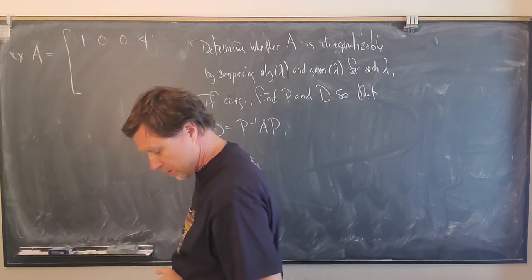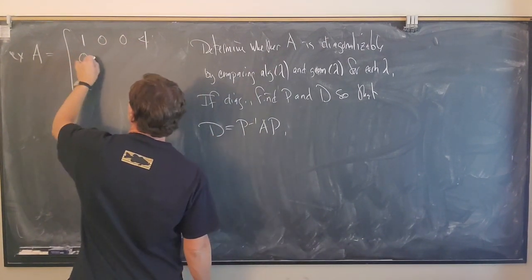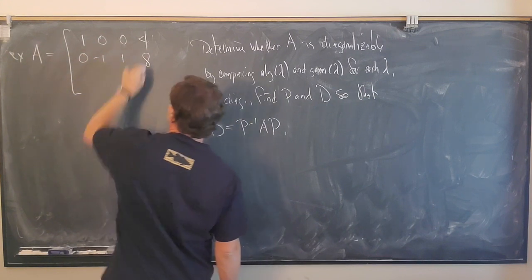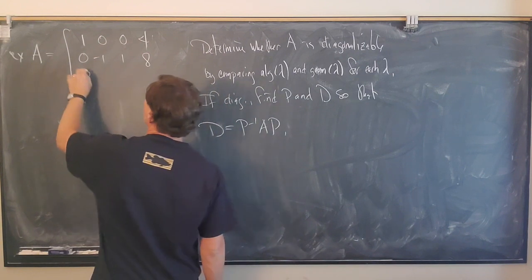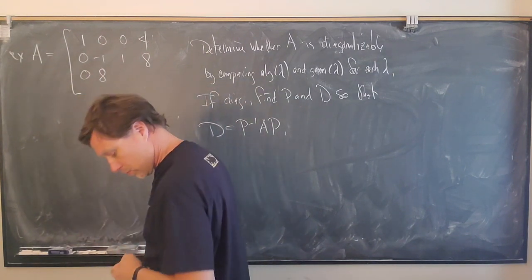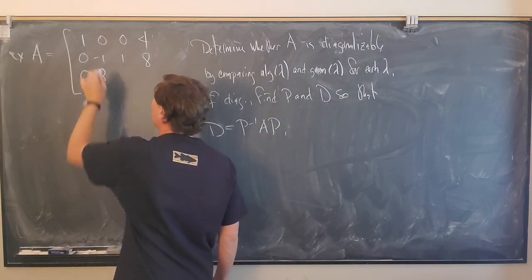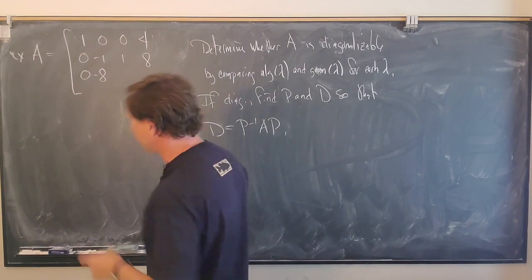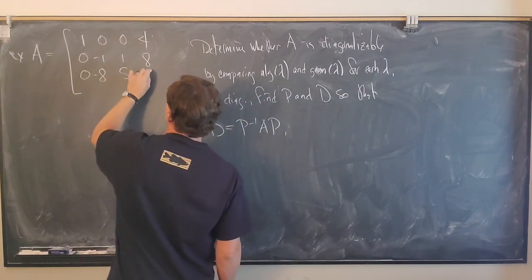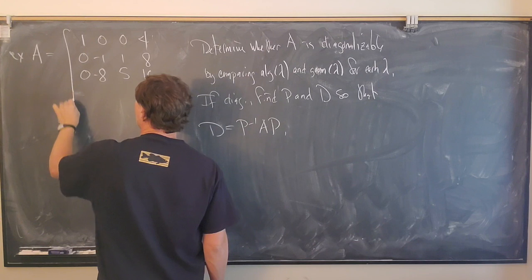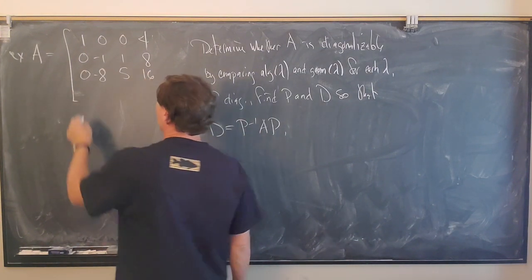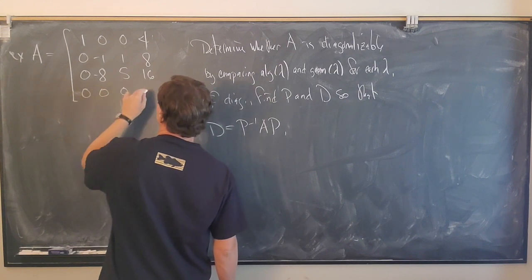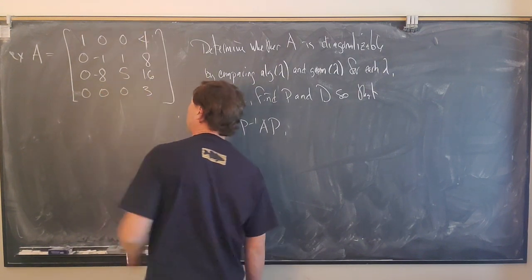And then 0, negative 1, 1, 8. Then 0, negative 8, 5, 16. And 0, 0, 0, 3. All right, so there's our matrix.